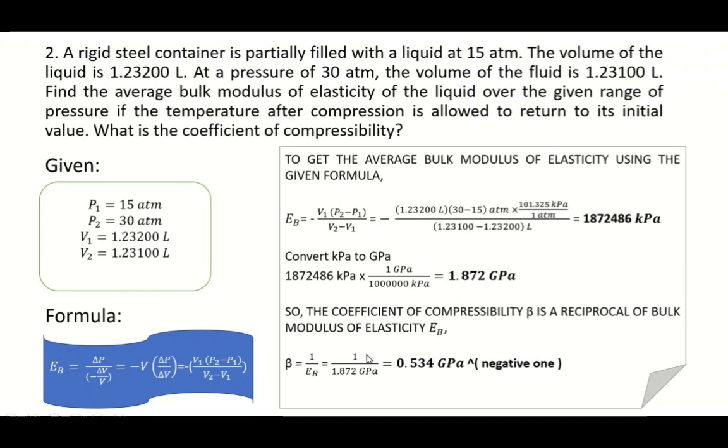If we put this equation into our scientific calculator, we have the answer of 0.534 gigapascal raised to the power of -1. We raise it to -1 since it is a reciprocal. So this 0.534 gigapascal raised to the power of -1 is the answer for the coefficient of compressibility.